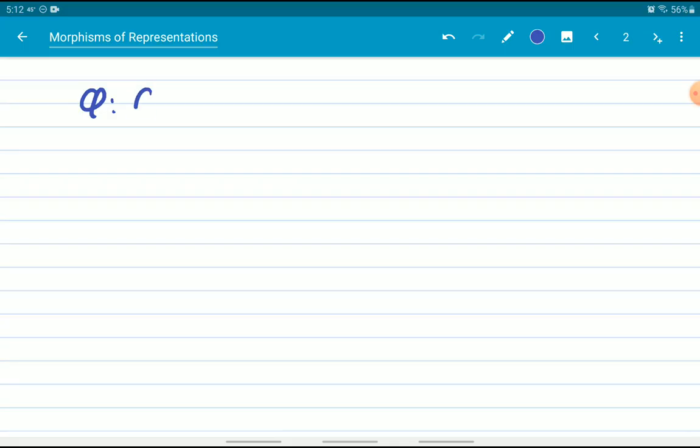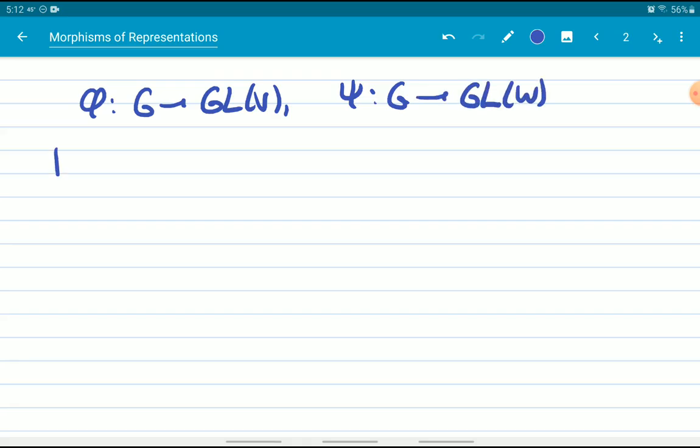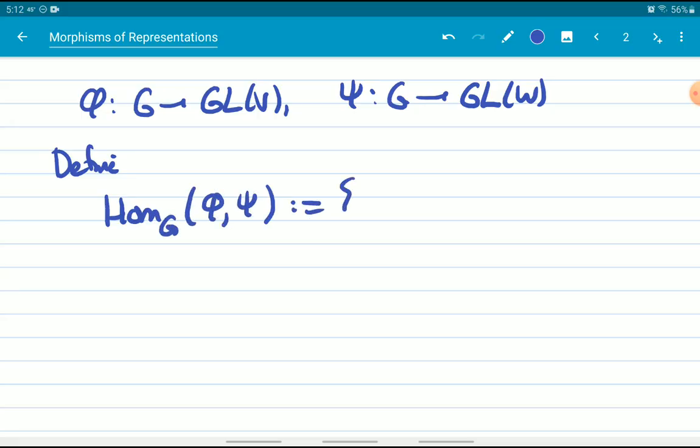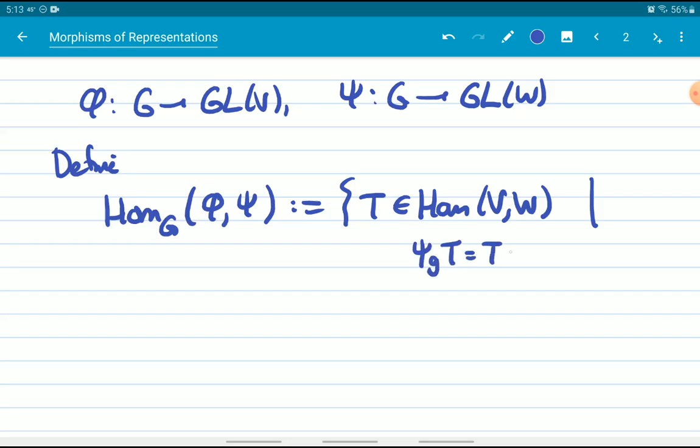Well, if I have two representations, which maybe live in two vector spaces V and W, then I'll write Hom_G(phi, psi) for the set of linear maps T which are morphisms, such that psi_g T equals T phi_g for all elements of the group.